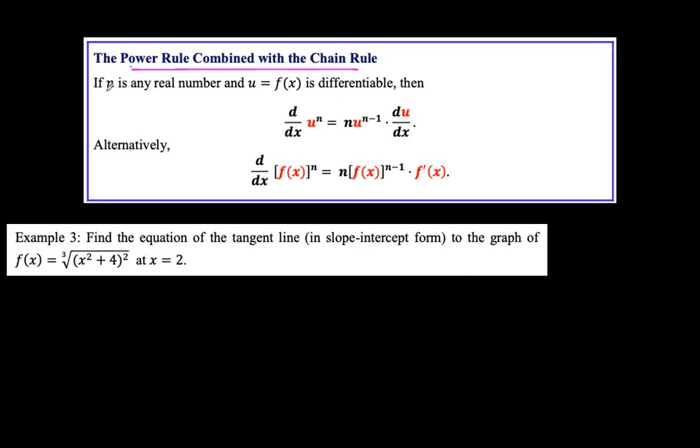If n is any real number, take note of that, and u is equal to f of x is differentiable. Of course, it should be, or else we don't need to find the derivative of the given function. Then the derivative of u raised to n with respect to x, where u is expressed in terms of x, is equal to: put the exponent as the coefficient, copy the base, and subtract the exponent by 1.